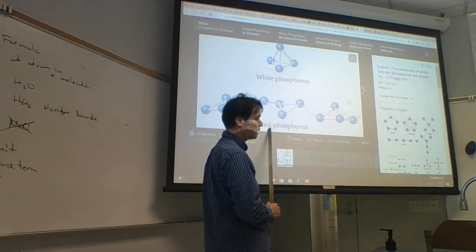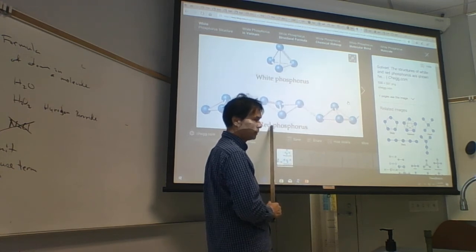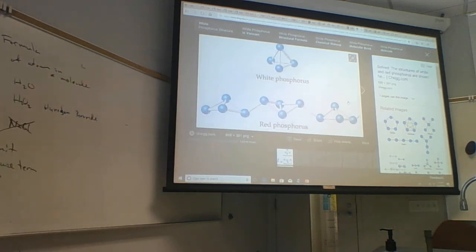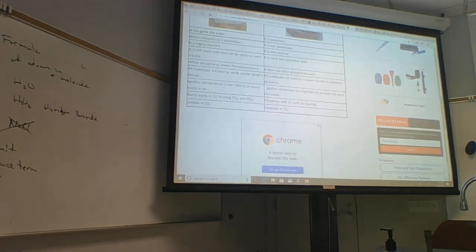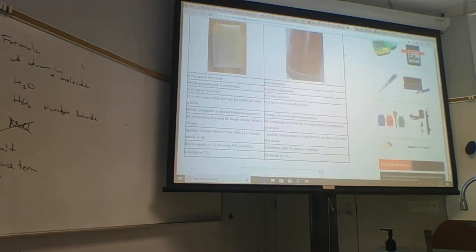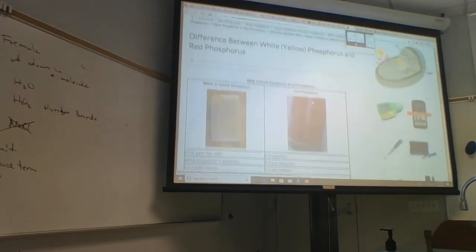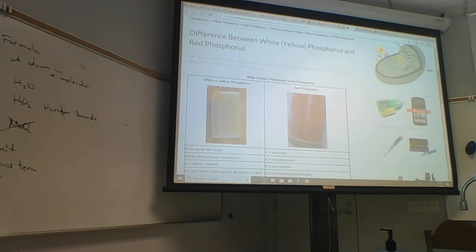The best is to use the empirical formula for red phosphorus. It's just P. And going back to this, we would call this P4. This is just P.